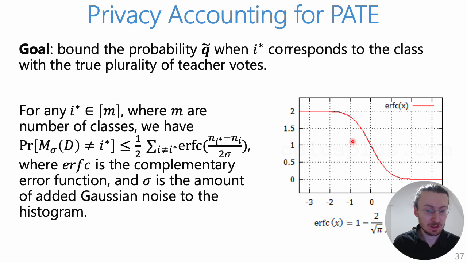So if the two vote counts for two different classes are the same, then this probability is just equal to 1, and we also incur very large privacy leakage. So in principle, what we want is that if the teachers have high consensus, so n sub i star is much larger than any other n sub i, then we want to return the answer. In the other case, because of the high privacy leakage, we just abstain from returning the answer.